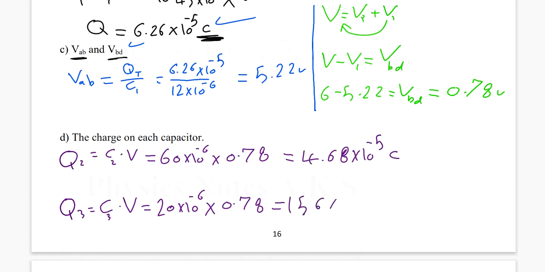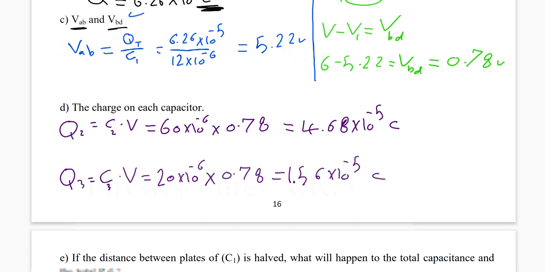I just want to make sure of this number because it looks a little weird. 20 multiplied by 10 to the power -6 multiplied by 0.78 is 1.56 multiplied by 10 to the power -5. Of course, it's coulomb. Okay.